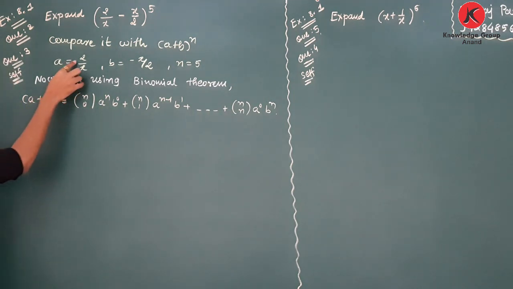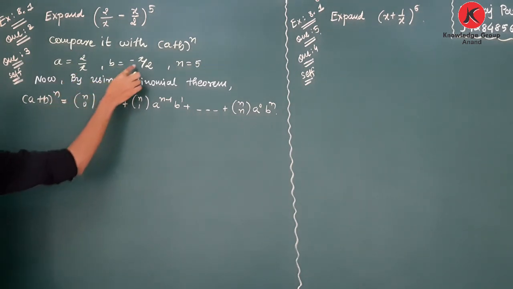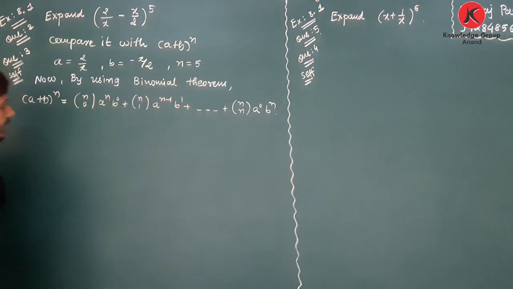Now put the value of a equals 2 by x, b equals minus x by 2, and n equals 5 in this binomial theorem.